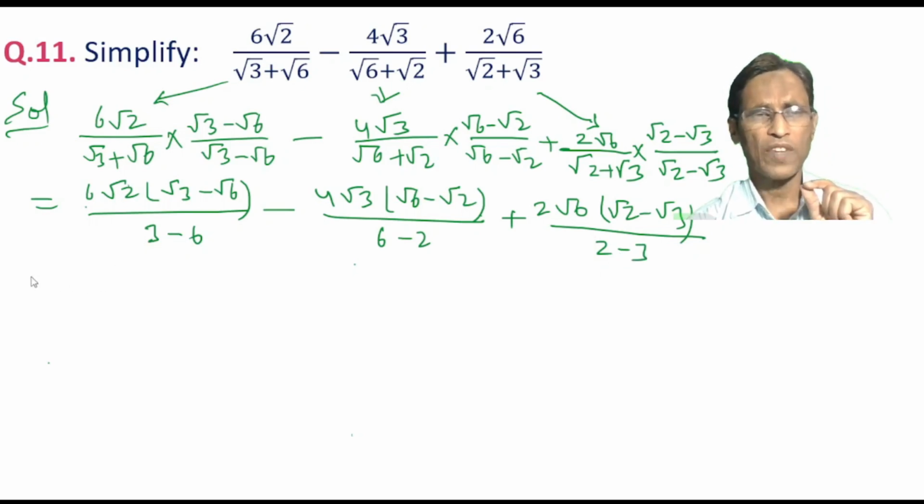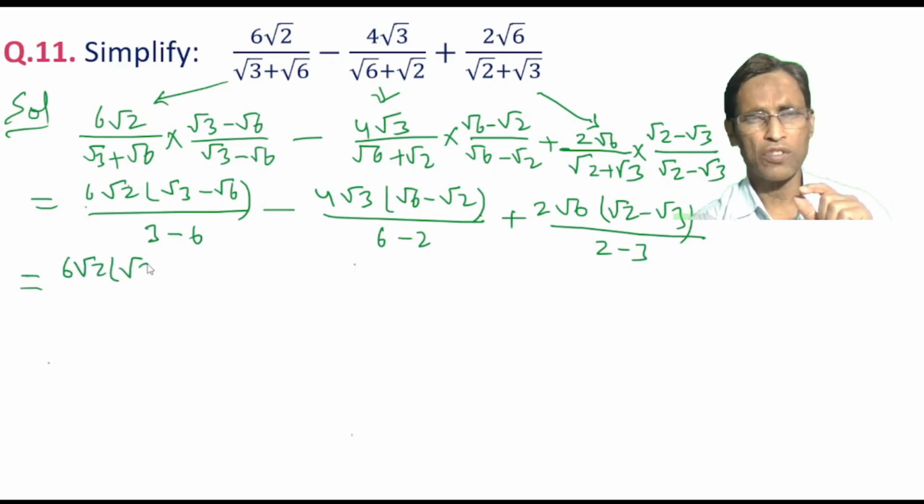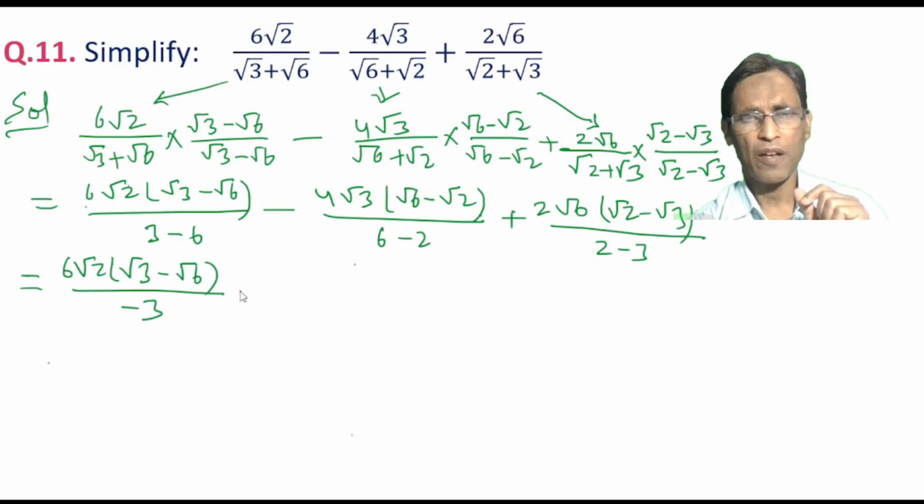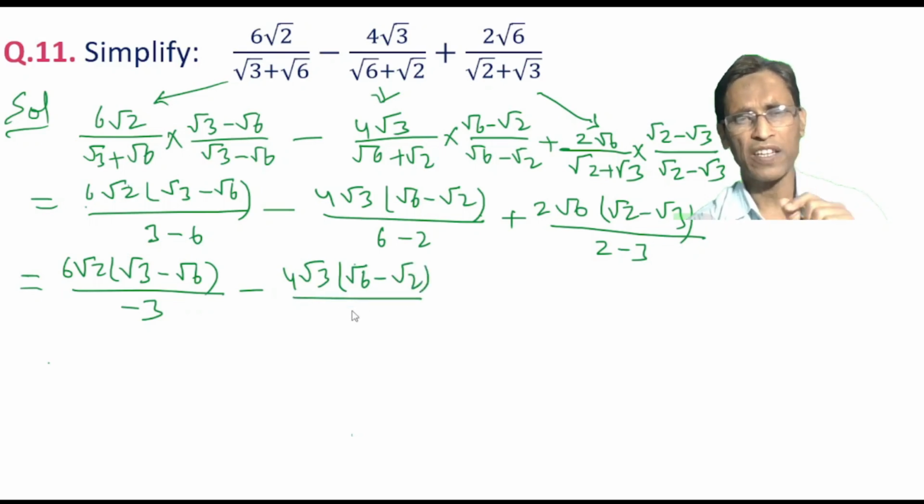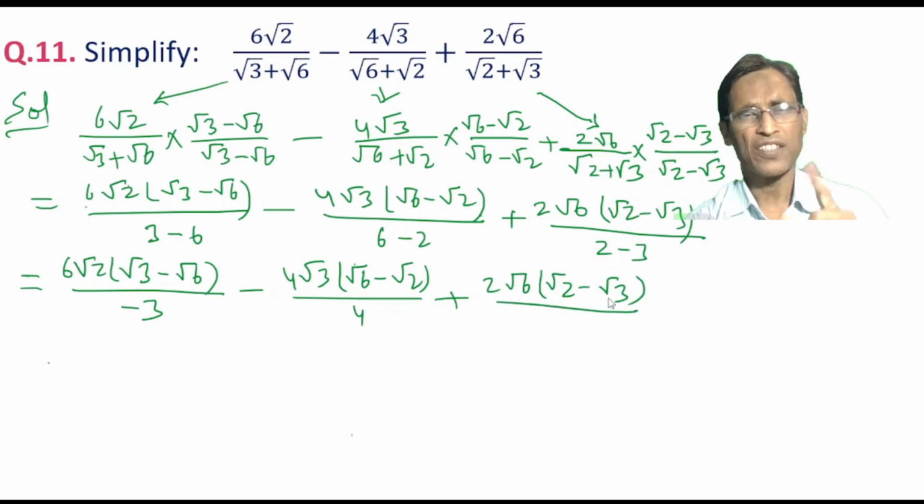In the next step, we find 6 root 2 times under root 3 minus under root 6 by 3 minus 6, minus the next term 4 root 3 times under root 6 minus under root 2 by 6 minus 2, plus the third term comes 2 root 6 times under root 2 minus under root 3 by 2 minus 3, which is minus 1, and minus 1 should be kept under bracket.